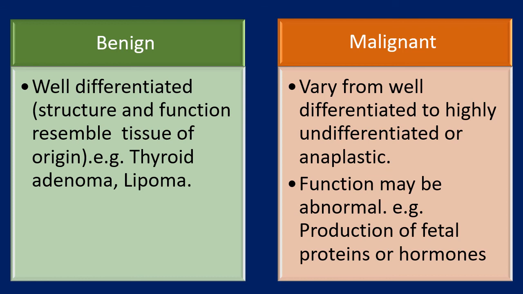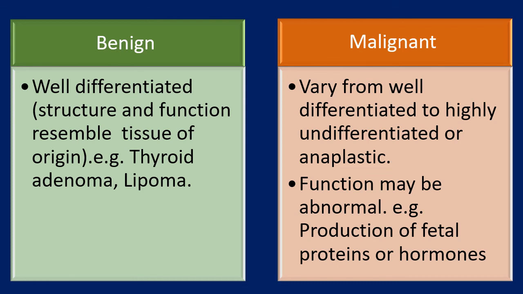All benign tumors are well differentiated, so they closely resemble the normal cells from which they arise. Malignant tumors may be well differentiated, moderately differentiated, poorly differentiated, or undifferentiated at all.